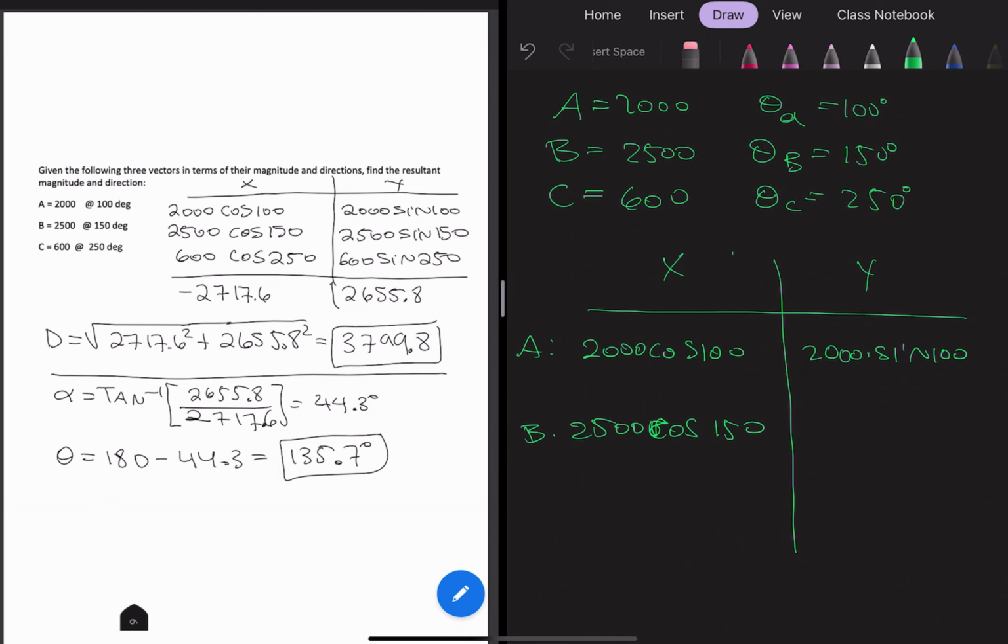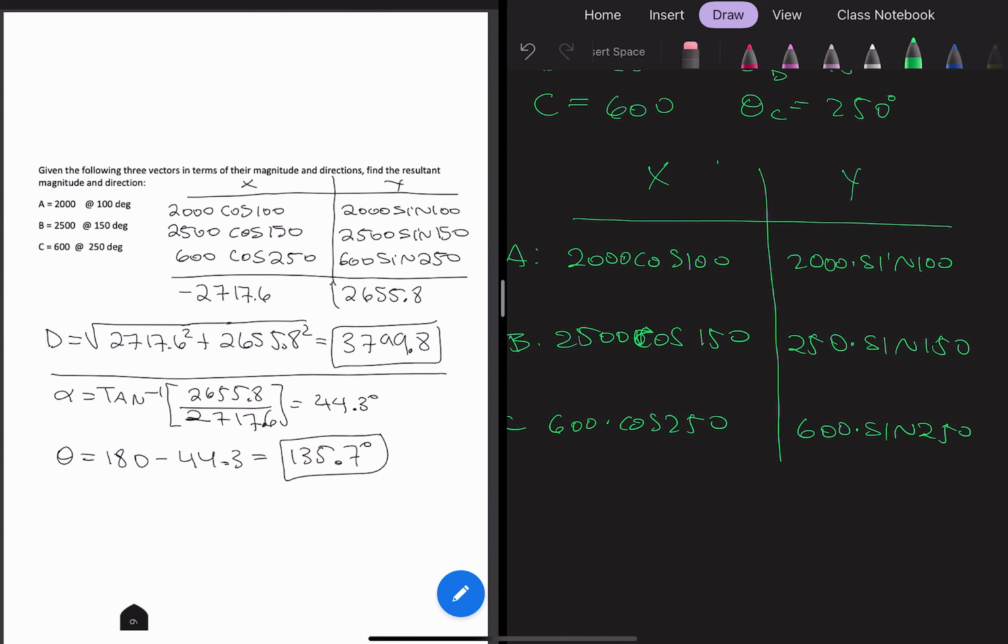The y component of vector B is going to be 2500 multiplied by the sine of 150. The x component for vector C is going to be 600 times the cosine of 250. And the y component for vector C is going to be 600 multiplied by the sine of 250.